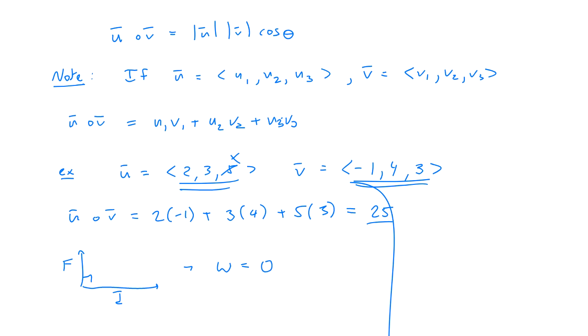So if we knew that the force was perpendicular to the distance we're moving it, we wouldn't need to know the actual length. So there's that kind of simple case where you don't need it, but pretty much anywhere else you would need it. And this actually goes into what we're going to do tomorrow is if we have two vectors that are perpendicular, their dot product will be 0. Any other questions?